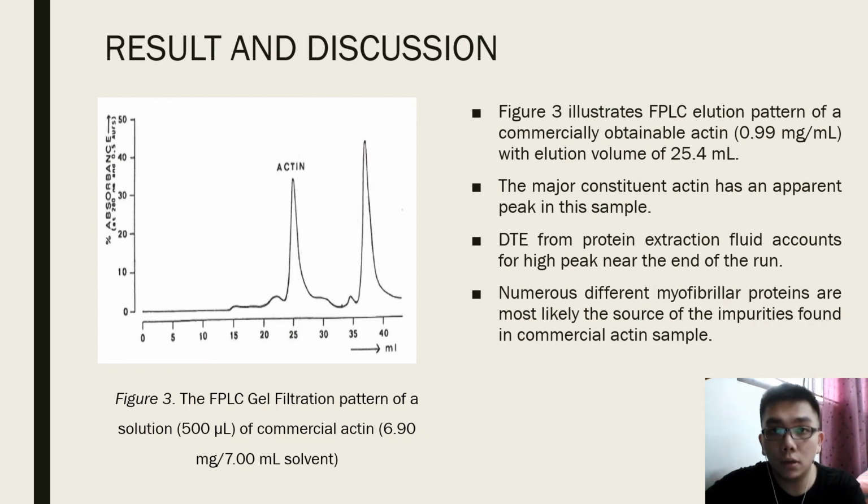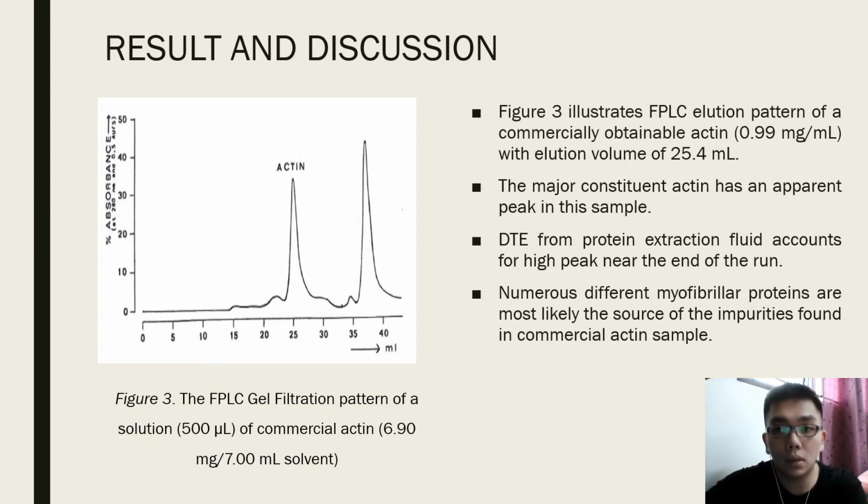And next, Figure 3 illustrates the FPLC elution pattern of a commercially obtainable actin, 0.99 mg per milliliter, with elution volume of 25.4 milliliters. The major constituent, actin, has an apparent peak in this sample.